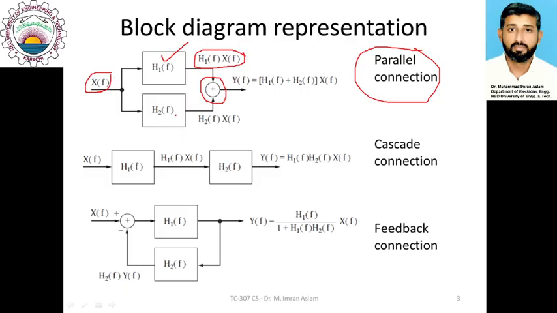Similarly, the same input also goes through another subsystem which is H2(f), and the output will be H2(f) into X(f), and the overall result of this parallel combination is actually the sum of these two individual outputs. So the output Y(f) is actually [H1(f) + H2(f)] X(f).